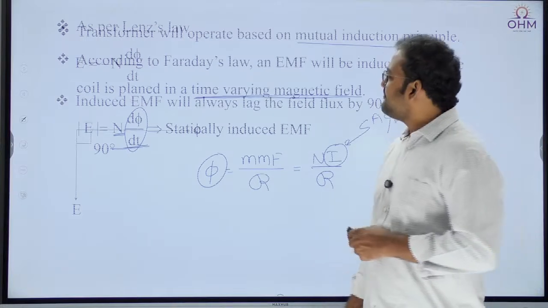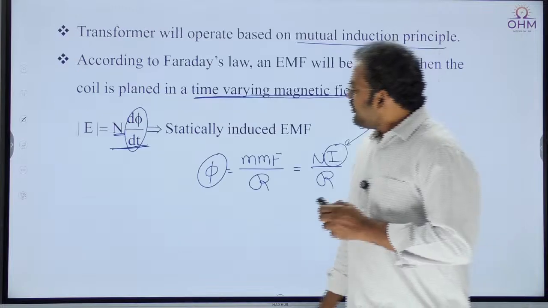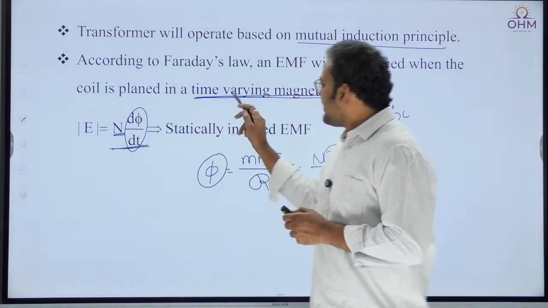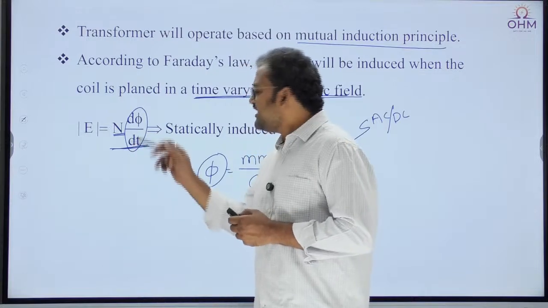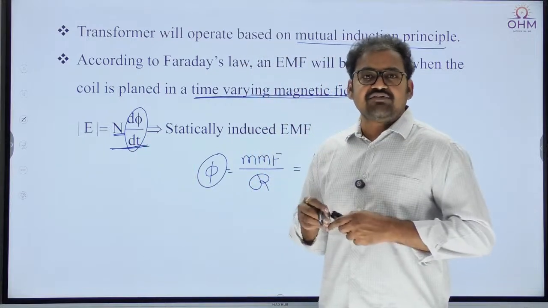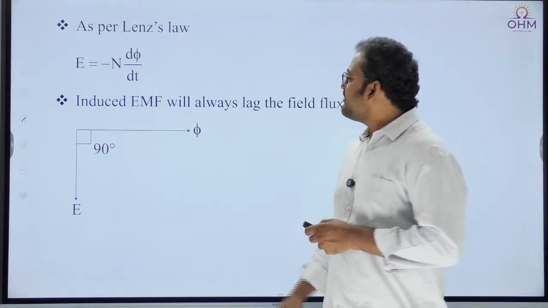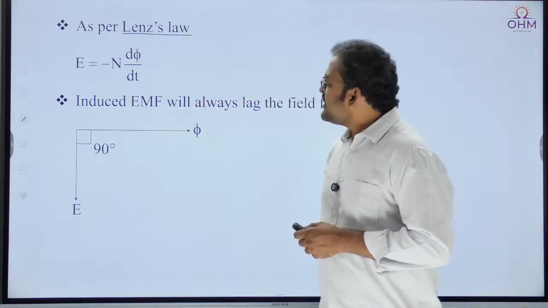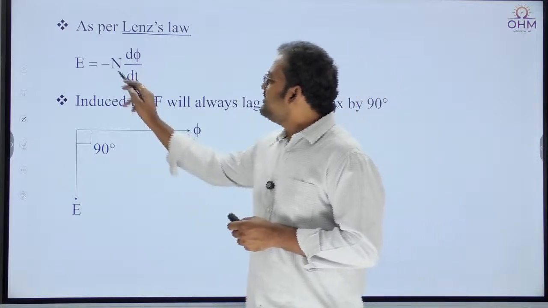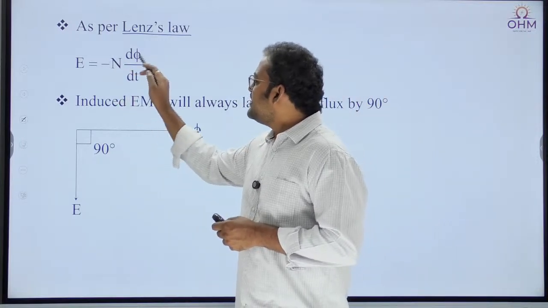Now, according to Faraday's law, we can only know the magnitude of the induced EMF, which is N d phi by dt. To identify the polarity of the induced EMF, we use the help of Lenz's law. As per Lenz's law, the induced EMF is written as minus N d phi by dt.